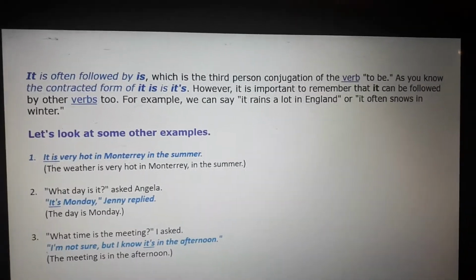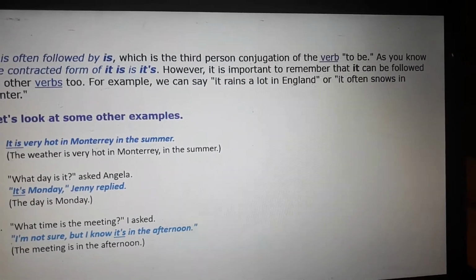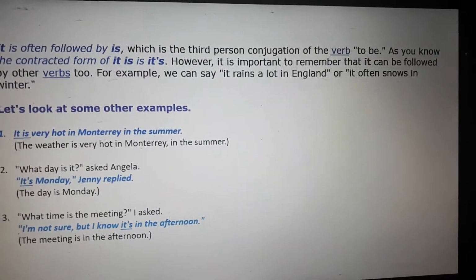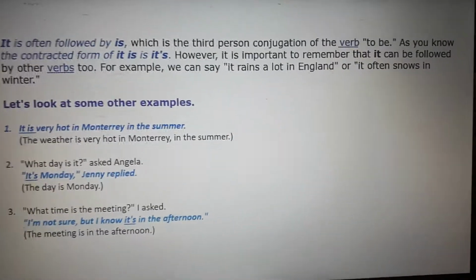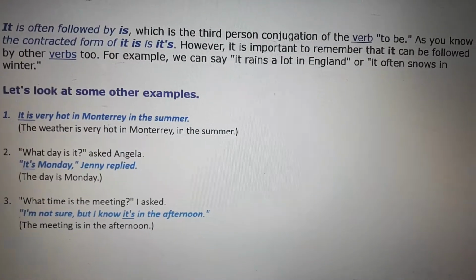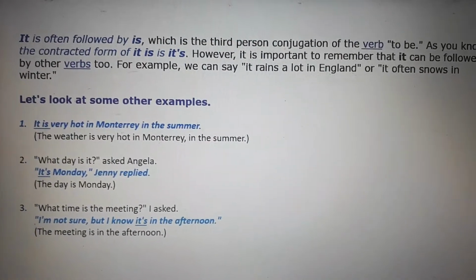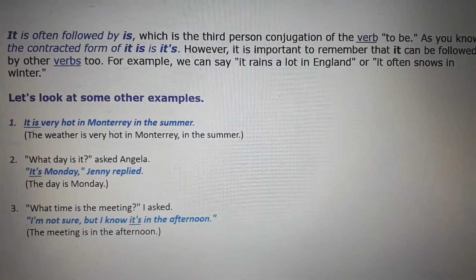It says it is often followed by is, which is a third person conjugation of the verb to be. As you know, the contracted form of it is is it's. That information you already know from English 1. The contracted form of it is is it's, apostrophe s.